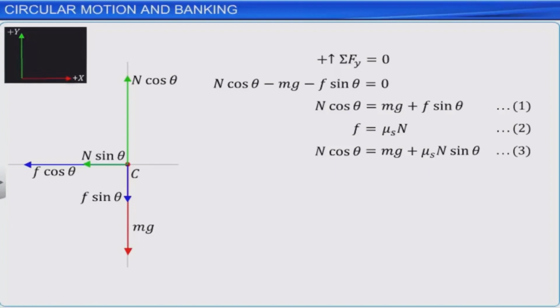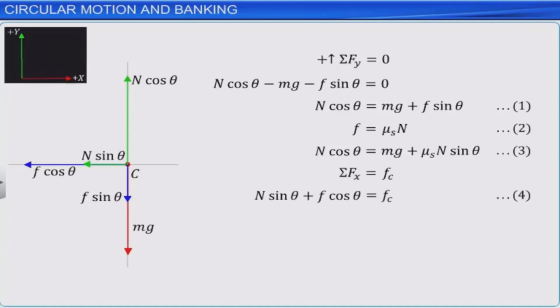This is the centripetal acceleration, and the force required for this acceleration is the centripetal force Fc. Centripetal force Fc is equal to the net force acting along x direction. This gives us equation 4 as N sin theta plus F cos theta equals Fc.